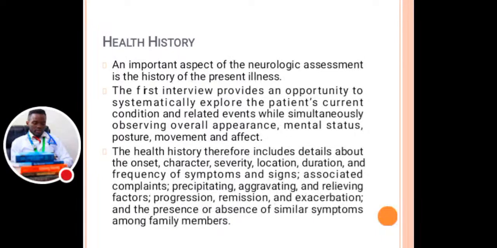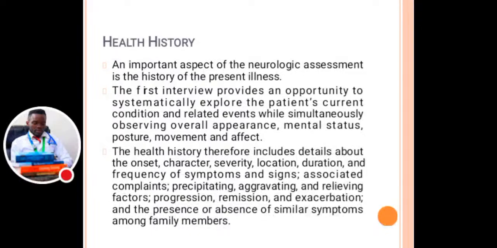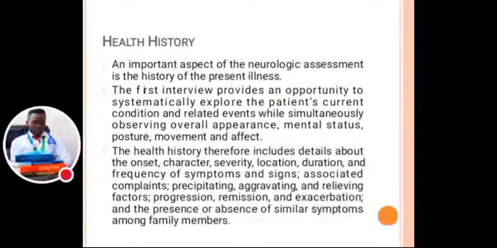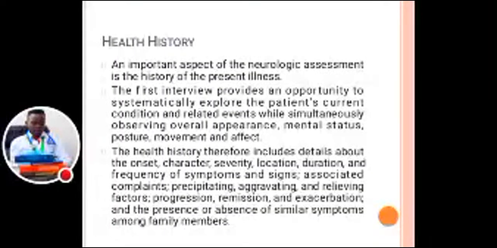The health history therefore includes onset, when the situation started, associated factors, debilitating, aggravating, remission, and exacerbation, or absence of similar symptoms among the family members.